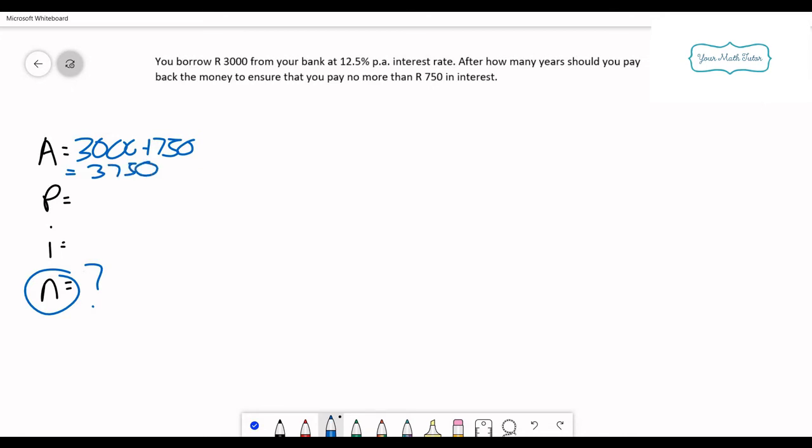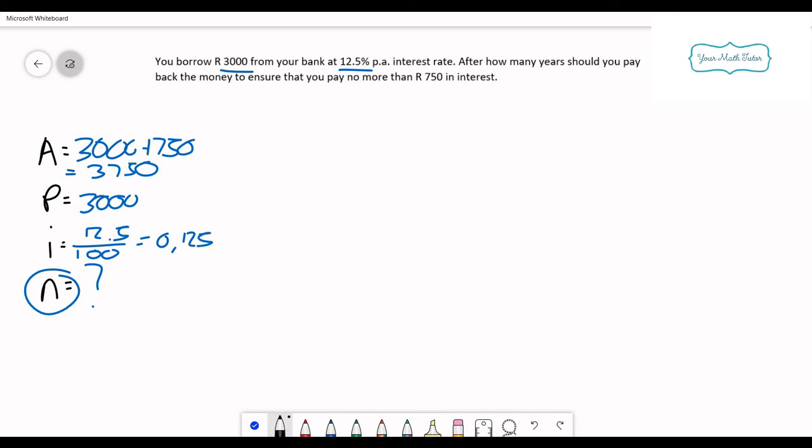That is the amount we want to pay back. And then P, which is the initial amount, is 3,000. And then the interest rate is 12.5, so we're going to have 12.5 divided by 100 gives us 0.125.